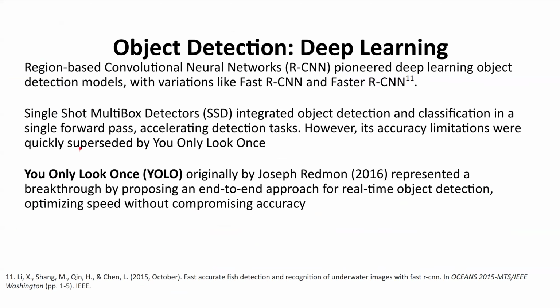Now, based on the CNN, a bunch of different object detectors popped up. It started off with the RCNN, which works with regions, and it's a two-stage detector. And then SSD tried to make a faster one that's one stage, but it was unfortunately very inaccurate. And then YOLO came along to try to fix both and reduce the trade-off between accuracy and speed.